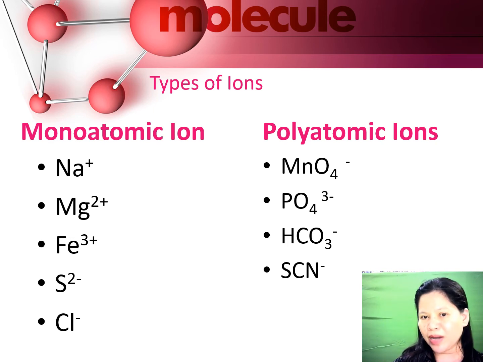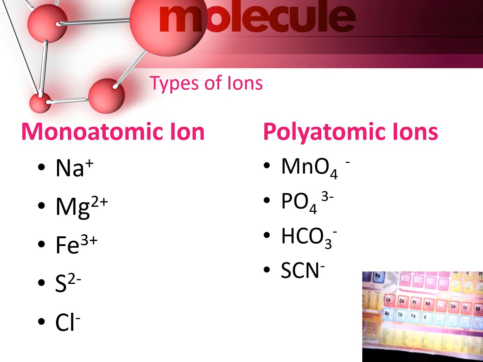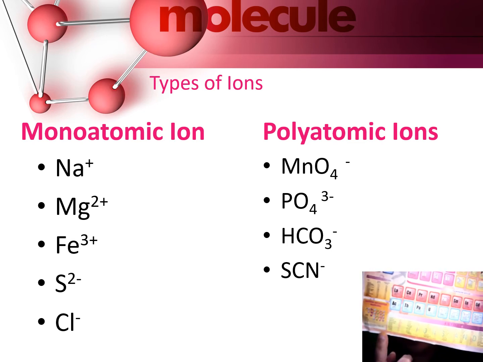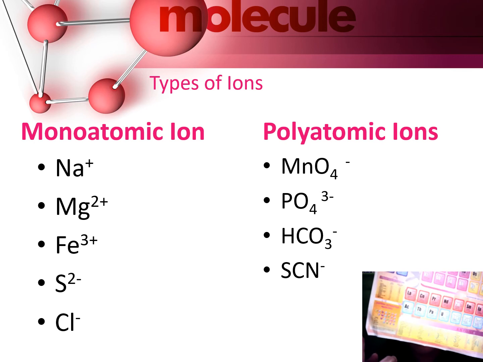But there are also ions that we say are polyatomic ions. Now, if you check your periodic table below, where is it? Okay, this one. These are the polyatomic ions, negatively charged and positively charged.